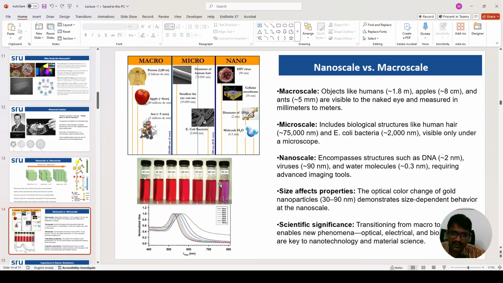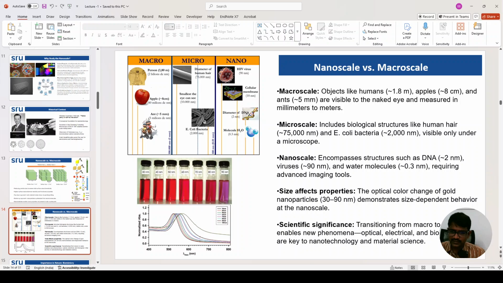Gold particles in the nano range, the color is pink, something like wine red. This is purple color. The color is very different for these gold nanoparticles in nano size.